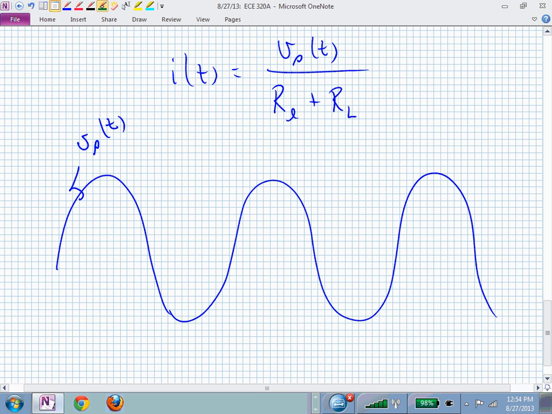And now what's going to happen with V sub L hat of t? What's it going to look like? Pardon? The peaks will be a little bit lower. Well, where will the peaks be relative to the peaks on V sub S of t?